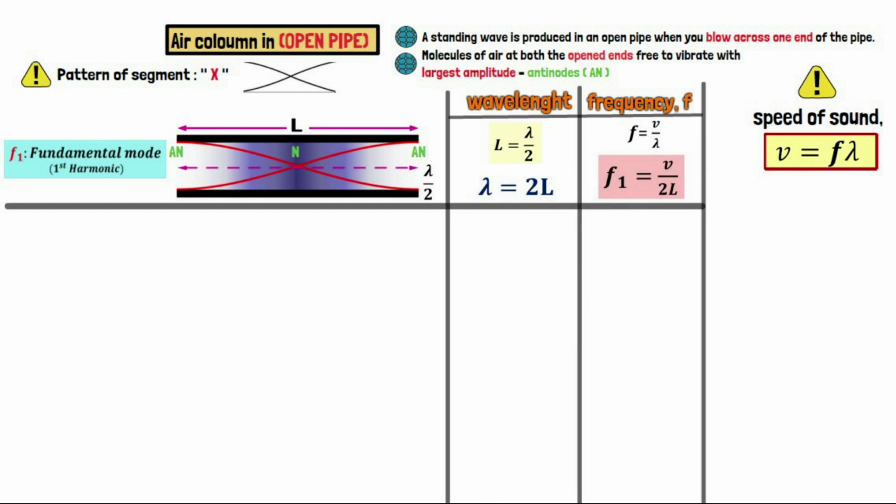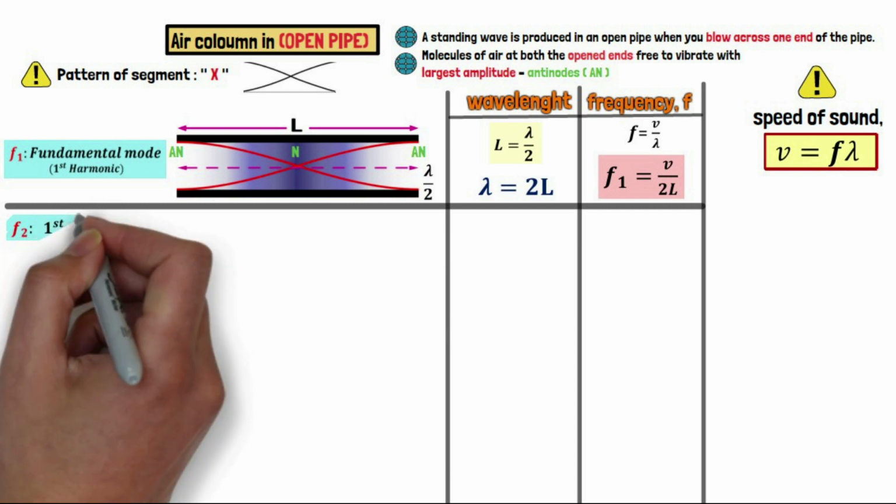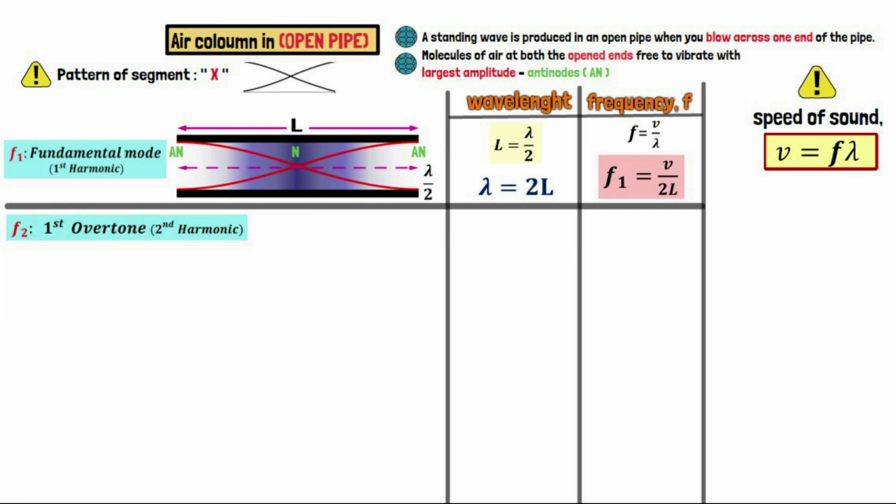Okay, so now let's look at the second pattern under second harmonics atau nama lainnya adalah first overtone. Okay, mesti ingat ya, second harmonics nama lain dia adalah first overtone. Jadi dekat sini kita ada pattern.